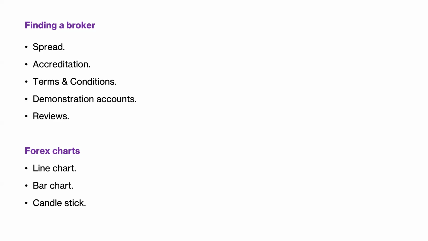So now, finding a broker. Like I said previously about spread, you need to find a broker with a good spread. The tighter the spread, the better. If you want to buy a pair at, for example, number 5, this is an example, and your broker sets your order at number 6, it's not too bad, or even number 7, it's not too bad.